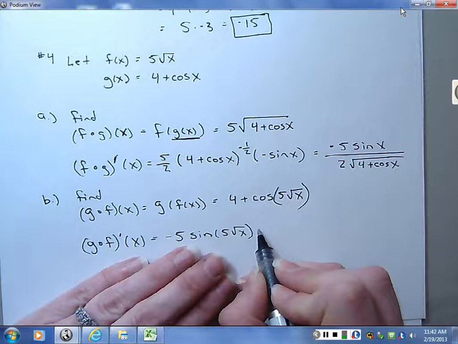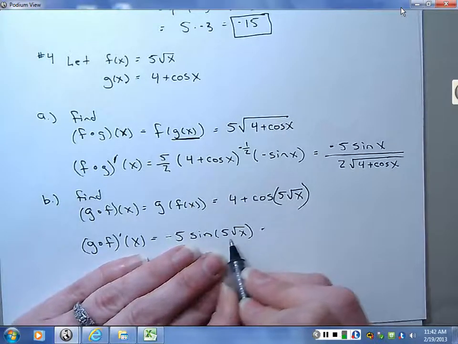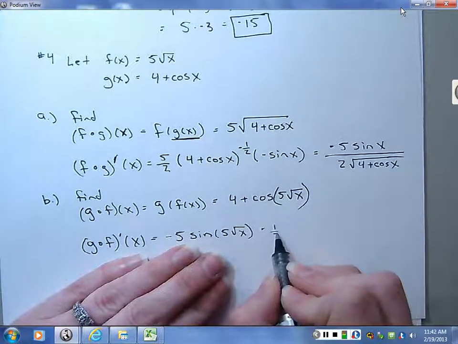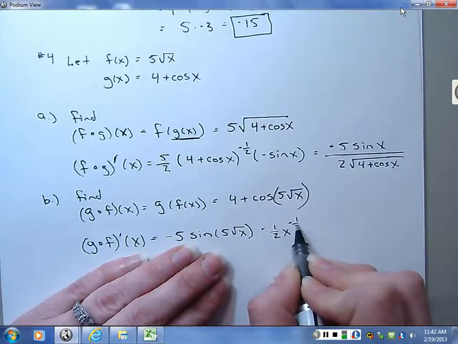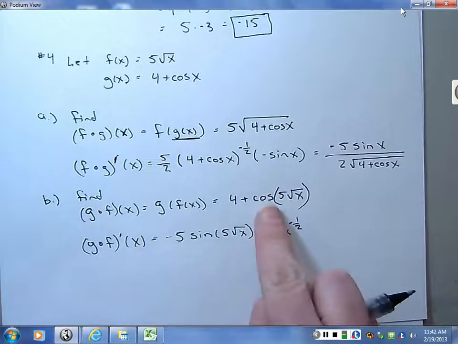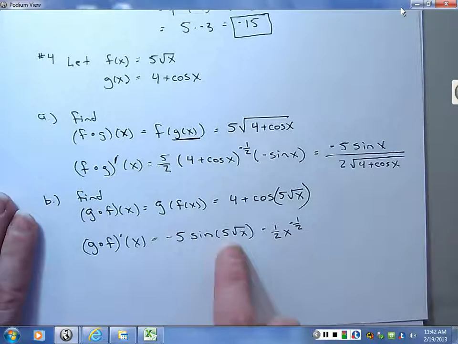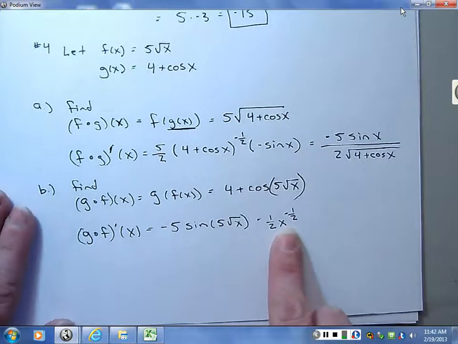Good. So I got the negative 5 from taking the derivative of the inside, but I also have a 1/2 x to the minus 1/2. Oh, it's negative, because the derivative of cosine is minus sine. So the 5 came from the derivative of the inside, but I also forgot the 1/2 x to the minus 1/2.